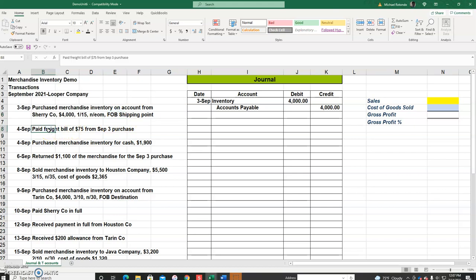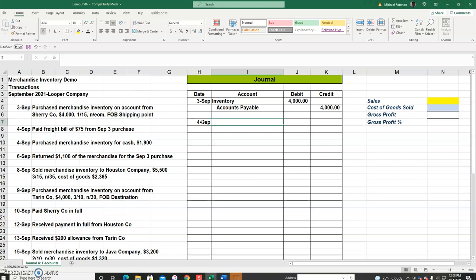Now, under the perpetual method of inventory, there is no freight in or freight out or freight expense kind of account. It would be that we would have that under the periodic method. But under the perpetual method, we have to consider that freight is part of the cost of inventory.